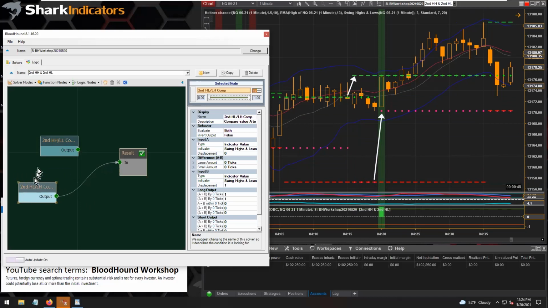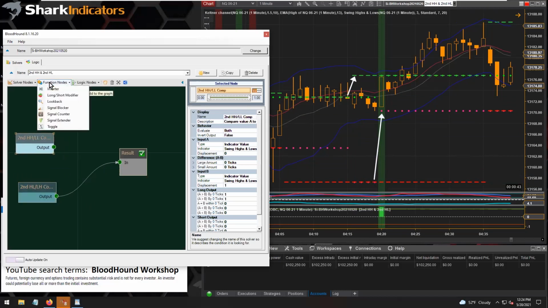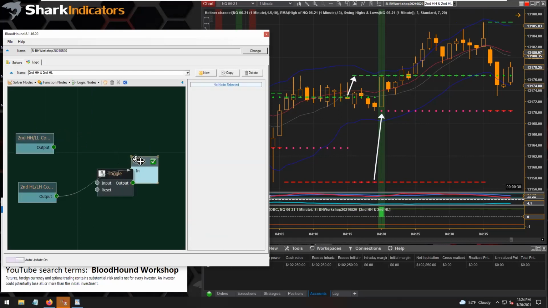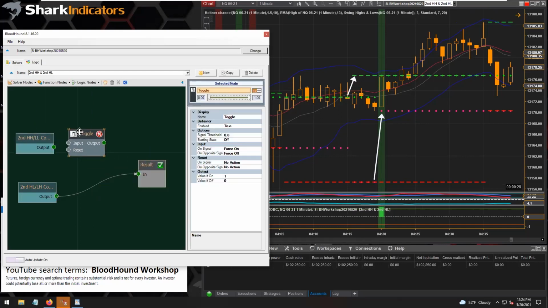So let's see here. Yeah, this requires a toggle node. It's either a toggle node or a signal extender. I think a toggle node is probably a little bit better.